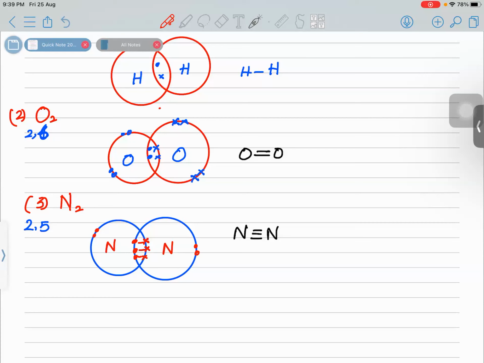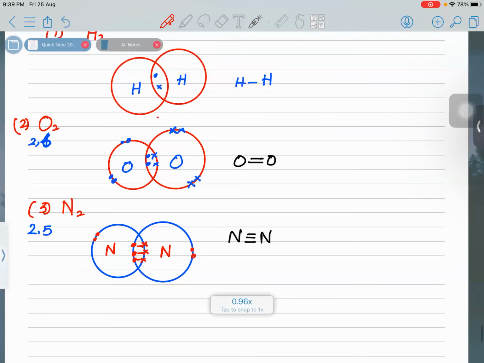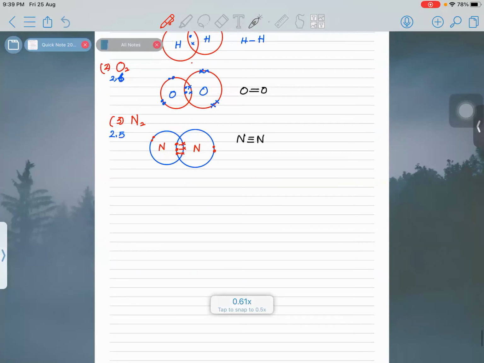Now make the heading: properties of covalent compounds.